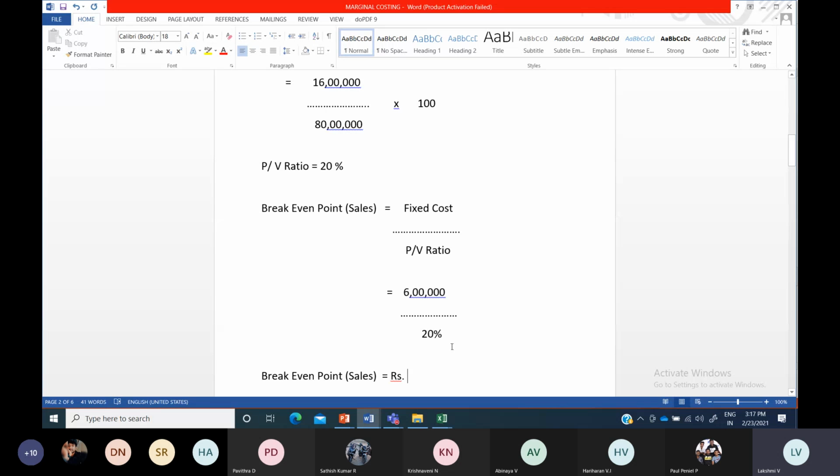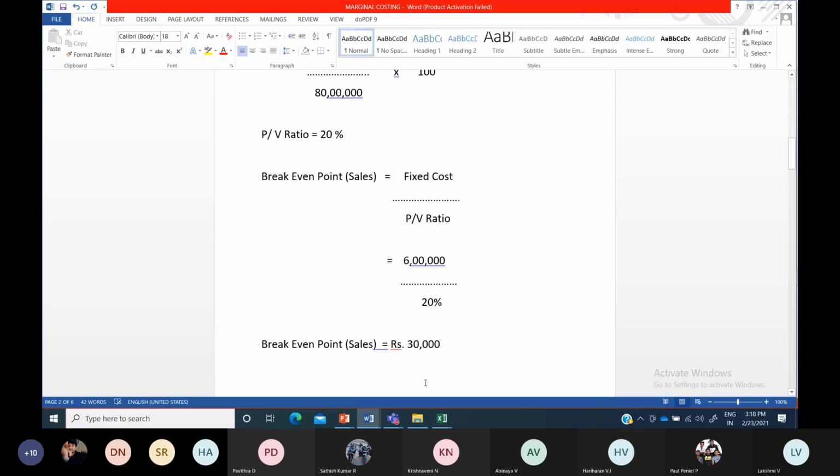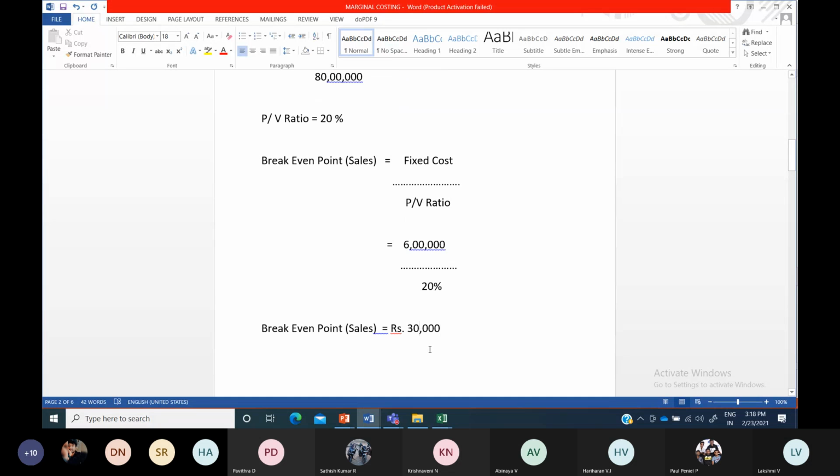6 lakh divided by 20%. 20% is 0.20, okay, 0.2.